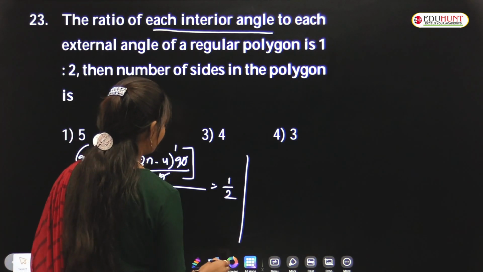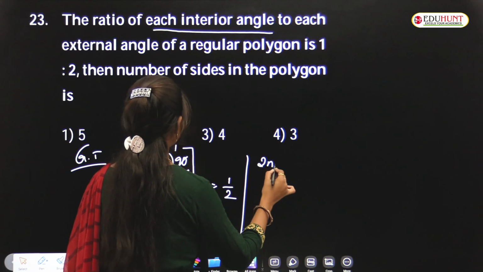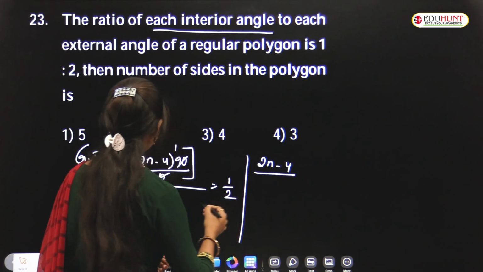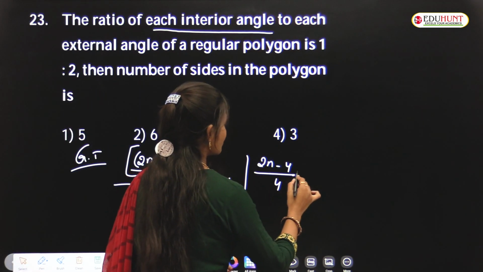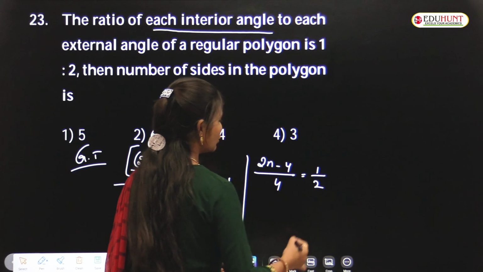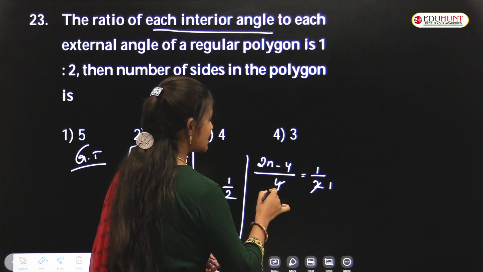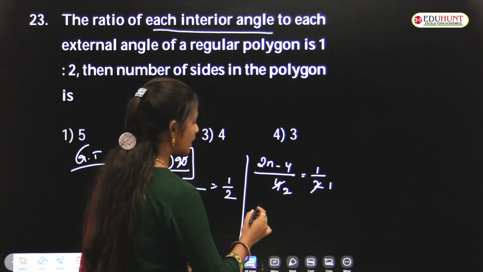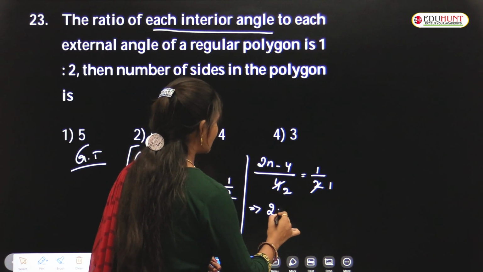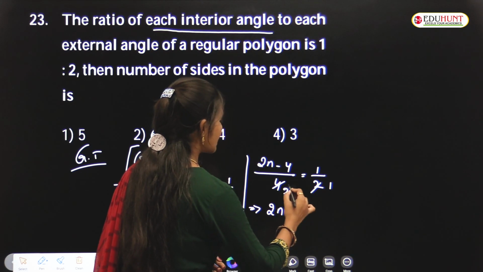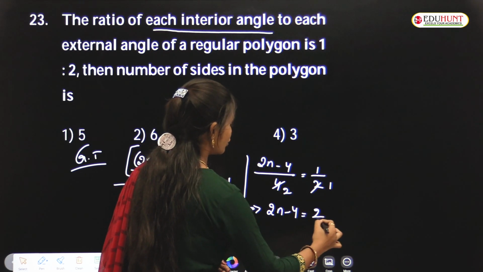After simplification, 2n minus 4 whole by 4, which is equal to 1/2. Here cancellations like this also we can do, that is 2 ones and here 2 twos. So 2n minus 4 is equal to 1 into 2, which is 2.